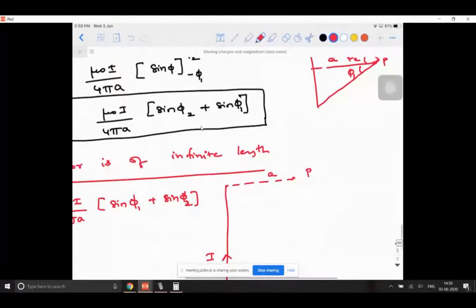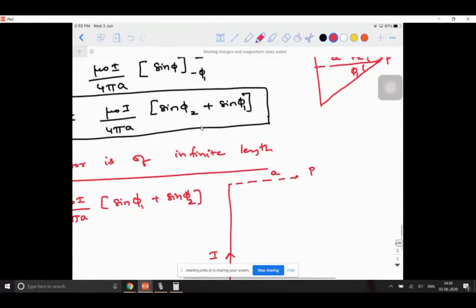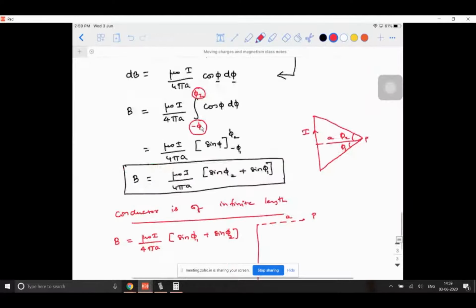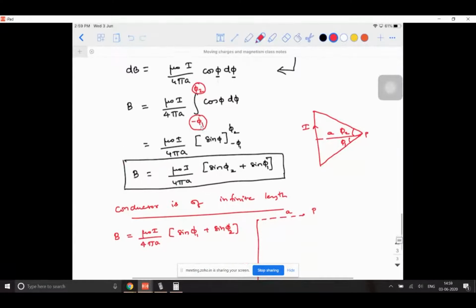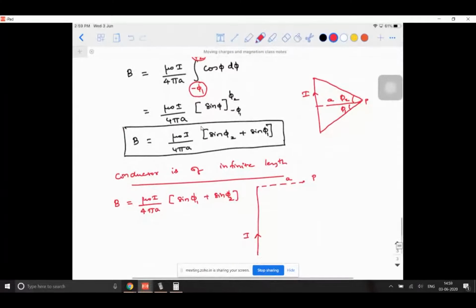In this case, if you do a comparative study, what is going to be the value of phi 1 and phi 2? Anyone? Phi 1 is 90. Good. Phi 2 is 0. Very good. Phi 2 will be 0 because when this point comes here, it is making no angle.